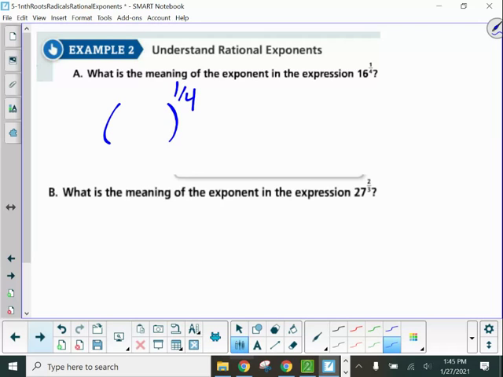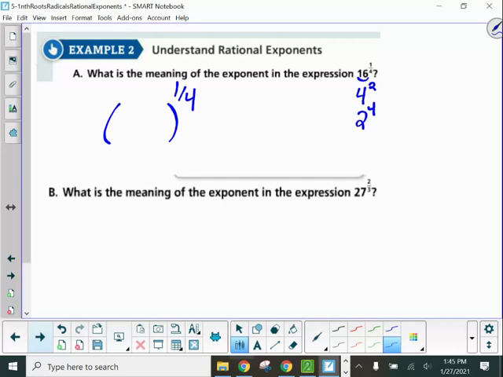And to really think about why this applies, you want to think about the different ways you can rewrite 16. Well, 16 is the same thing as 4 squared. 16 is also the same thing as 2 to the 4th power. And it's that second equality that I'm going to use to make a point.